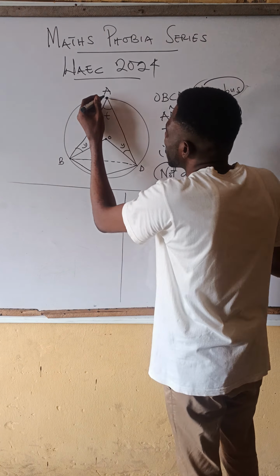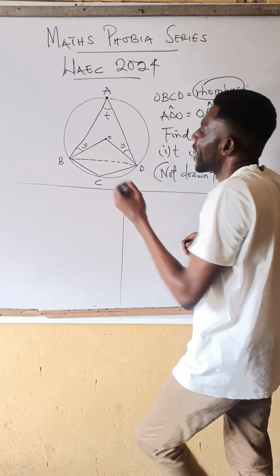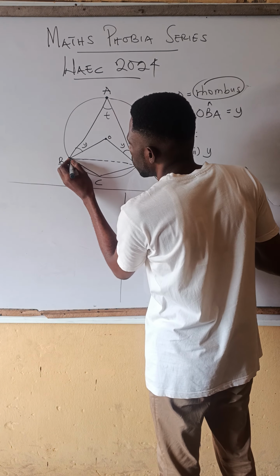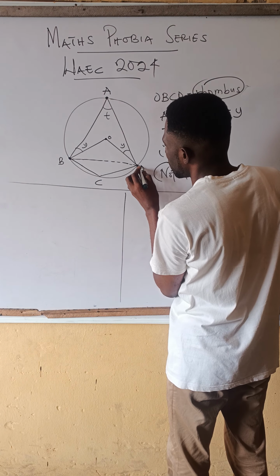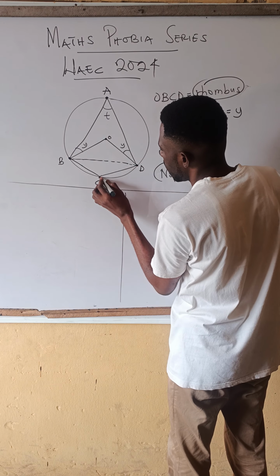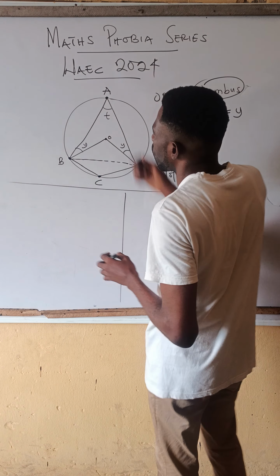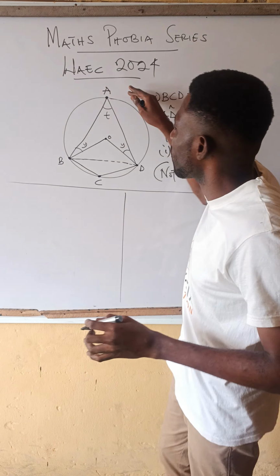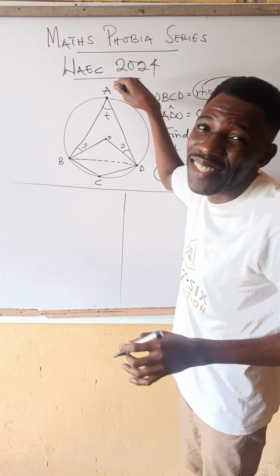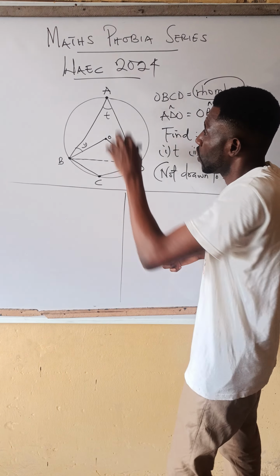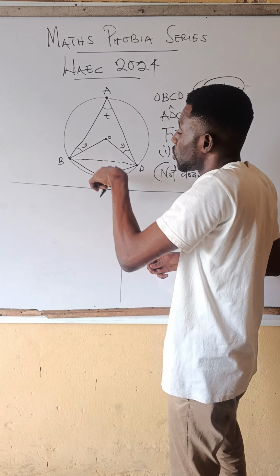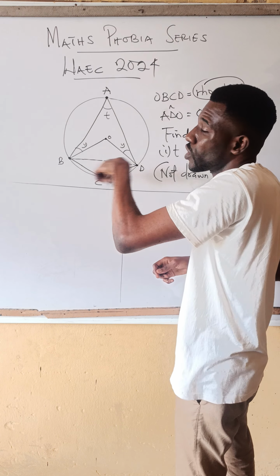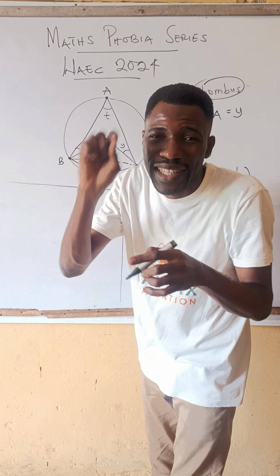So we have an edge at A, an edge at B, an edge at C, and also at D. So the four edges of the quadrilateral touch the circumference of the circle. As long as those four edges touch the circle, it becomes a cyclic quadrilateral.